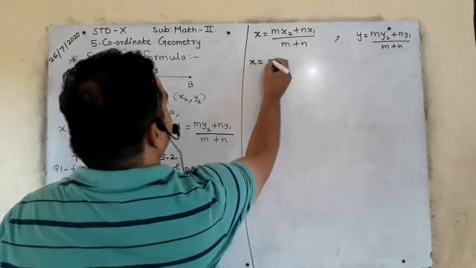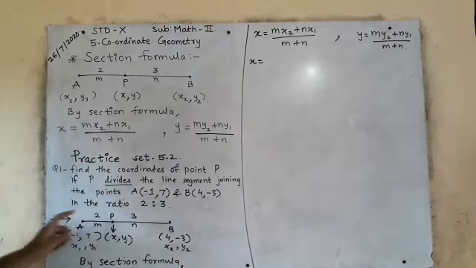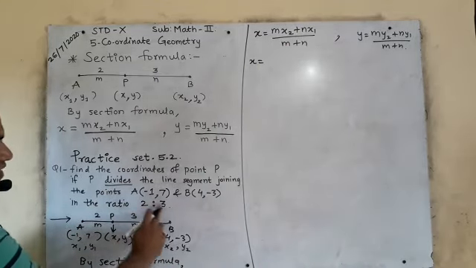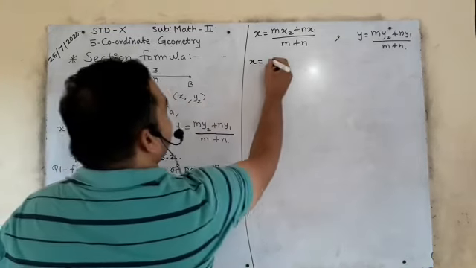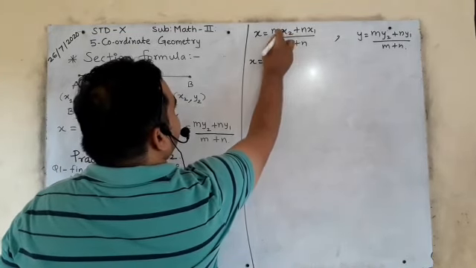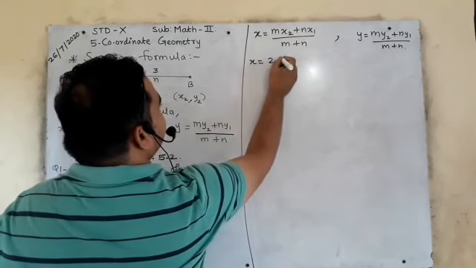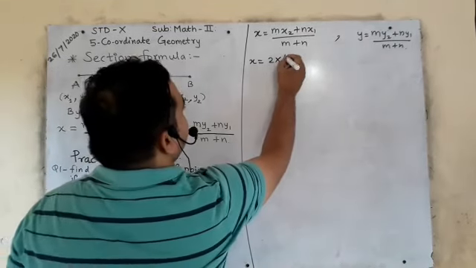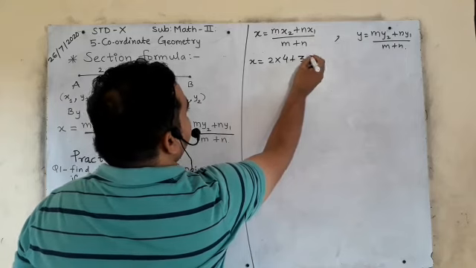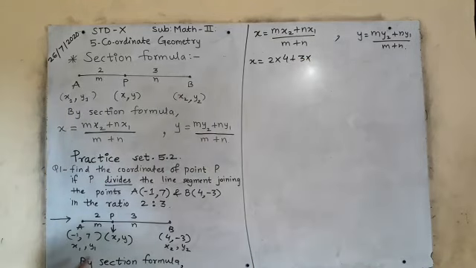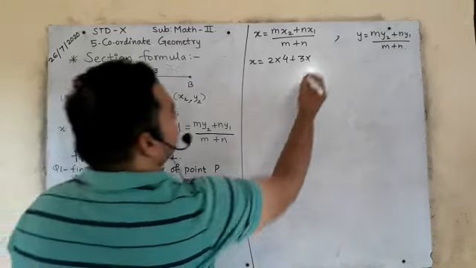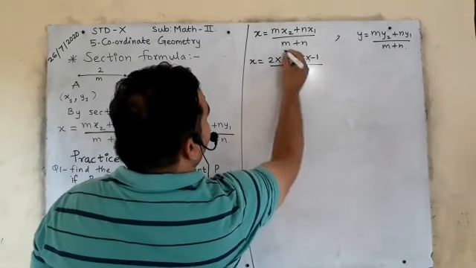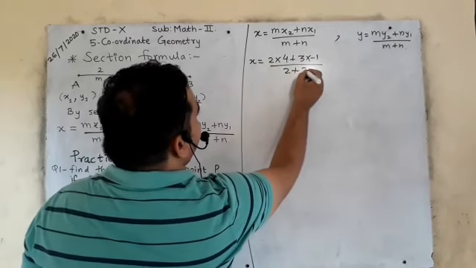x is equal to m value is what? m value 2. Okay, first value will be m, second value will be n. So 2 and m और x2 के बीच में क्या है? m और x2 के बीच में it is multiplication. So x2 is 4 plus n value 3 multiply by n और x1 के बीच में क्या है? -1. It is -1 upon m value 2 plus n value 3.